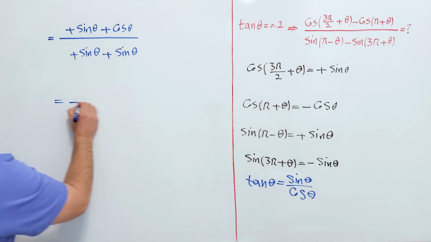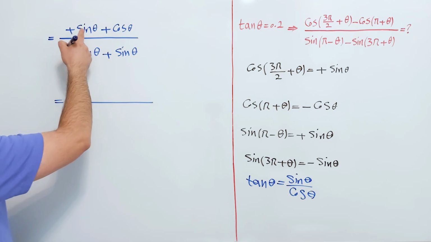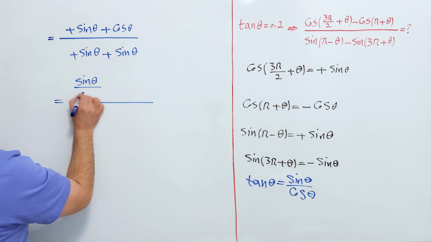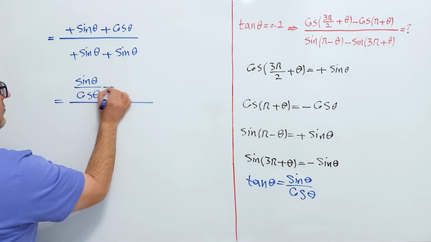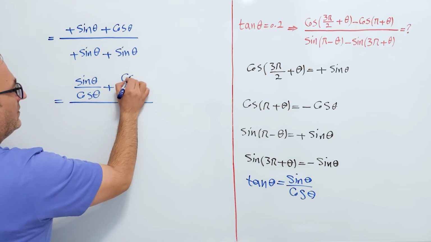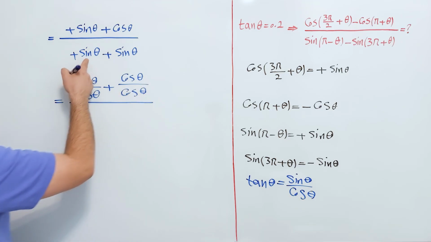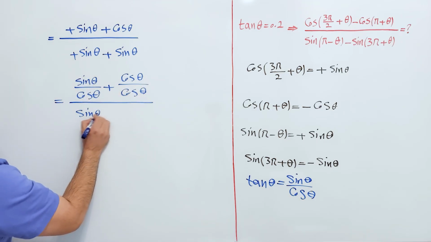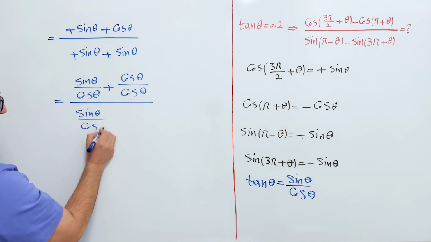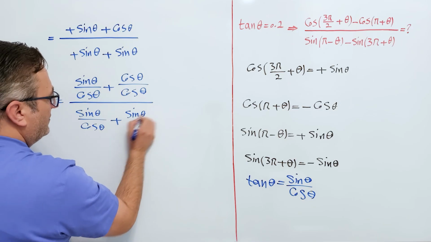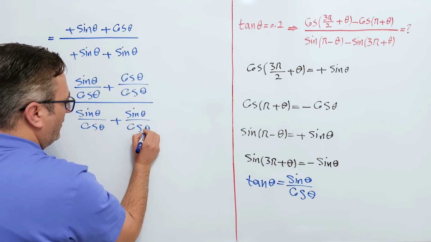So sine theta divided by cosine theta plus cosine theta divided by cosine theta, over sine theta divided by cosine theta plus sine theta divided by cosine theta.